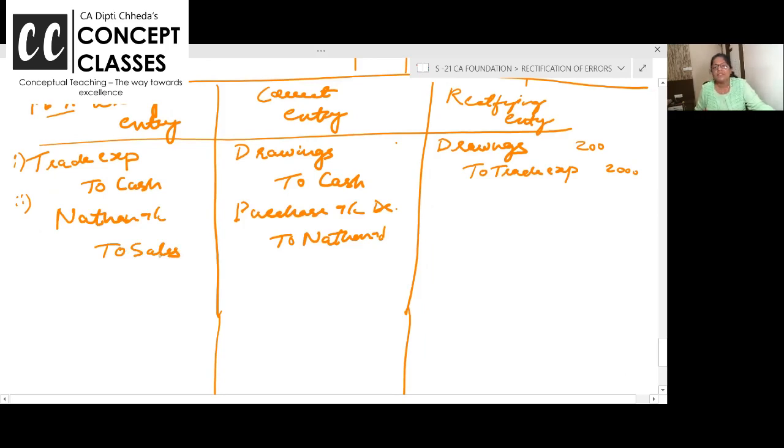Nathan to sales. Ma'am, how do you say that Nathan account is also wrong? Because the entry is wrong in the primary book. It is a purchase entry, purchase to Nathan. You have recorded it as Nathan to sales. So now what you will do? Purchase account debit, because it's actually purchases, 300. Sales wrongly credited, debit, 300.